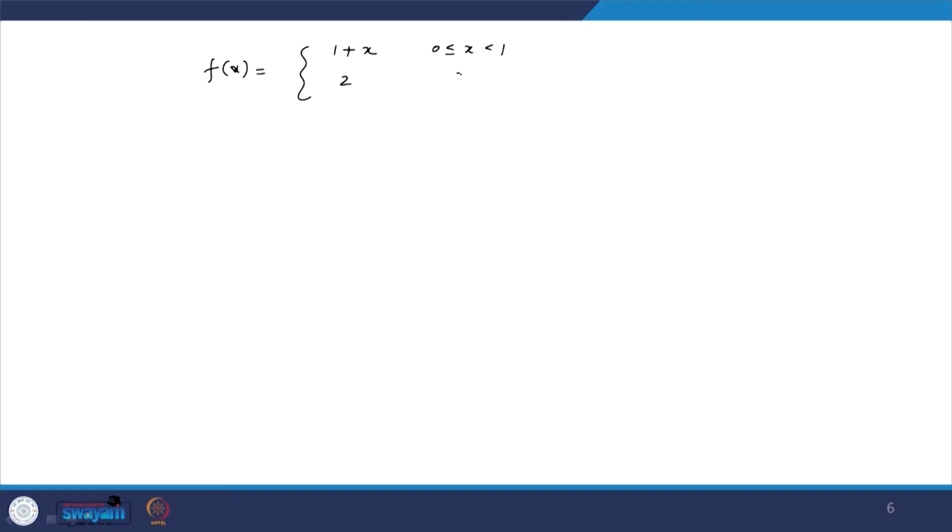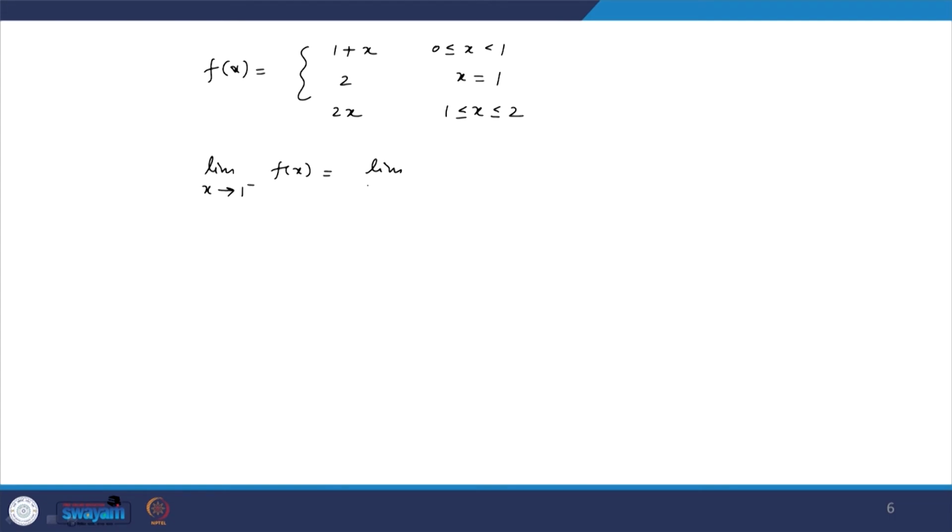It is 2 when x equal to 1, and when x is greater than or equal to 1 and less than or equal to 2, it is 2x. Okay. So, if you want to show that the function is continuous at x equal to 1, we have to find out the left hand limit first of all, limit x tends to 1 minus of f x.